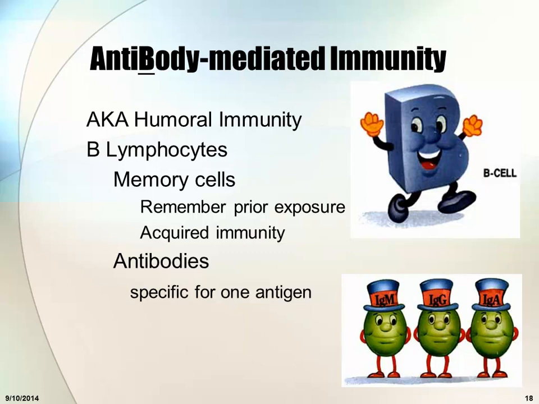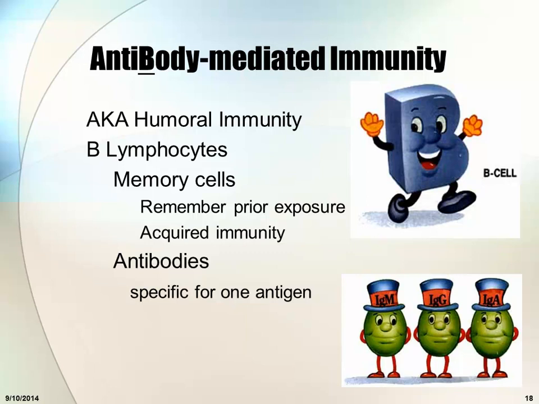Antibody-mediated immunity, also known as humoral in some books, is where it involves the B lymphocytes. The B lymphocytes are also activated by the phagocytosis, and also the T cells activate them. And some of these B cells are going to change into memory cells.